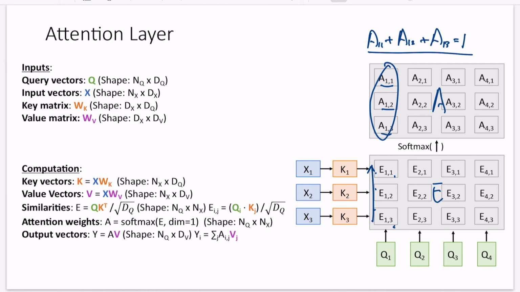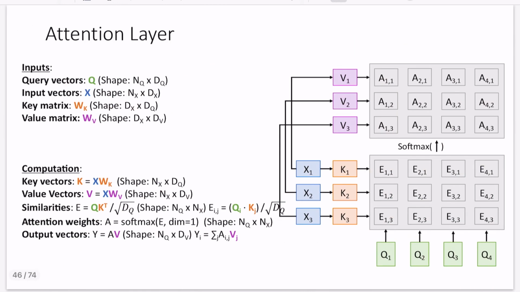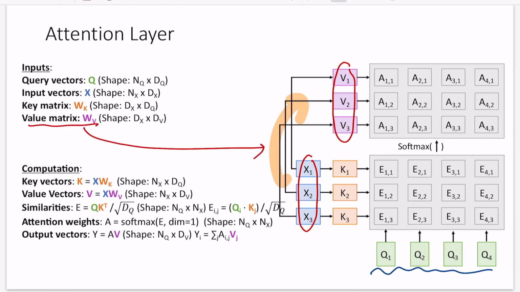So after that, we want to finally generate the corresponding output given the query vector. So we just embed or project X1, X2, X3 to V1, V2, V3 by using the value matrix or value MLP.